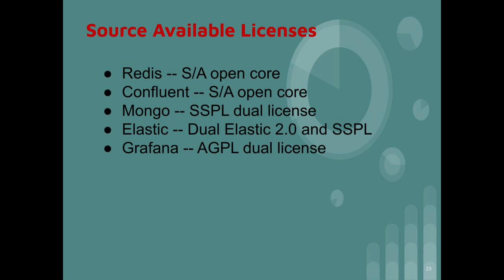AGPL, which is a strong copyleft or network copyleft license, and Elastic 2.0, which is a source available license. So as you can see, all these companies have slightly different approaches to their open core model.